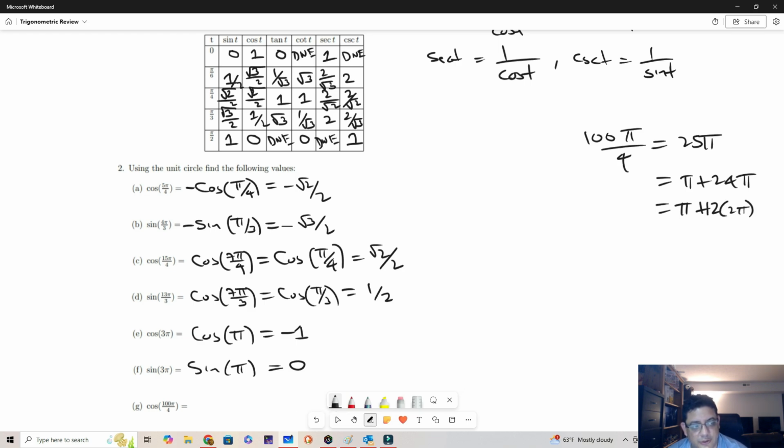So notice that we're turning around 12 times with 2 pi, and then we're going to get pi. So this is equivalent to just cosine of pi as a coterminal angle, and this is just going to be -1.